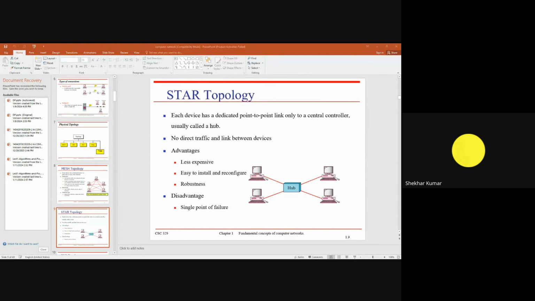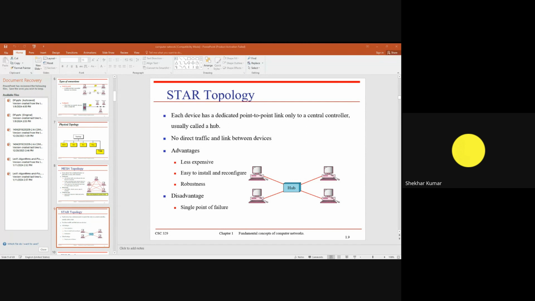But there is a disadvantage also. Suppose the centralized node, the hub, fails, then what will happen? If the hub fails, then the whole network is stopped because all the nodes depend on the hub.